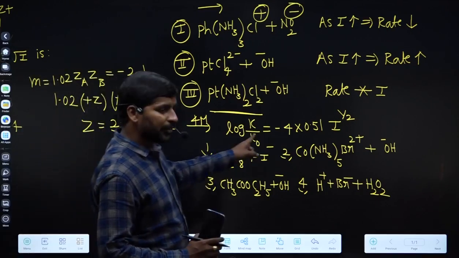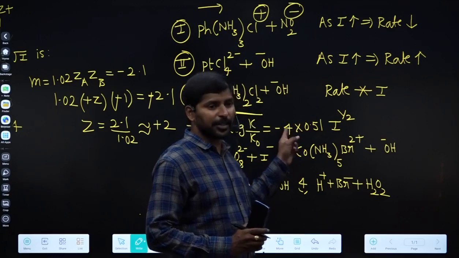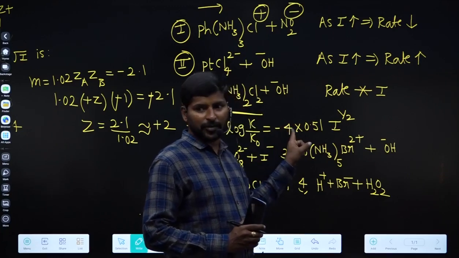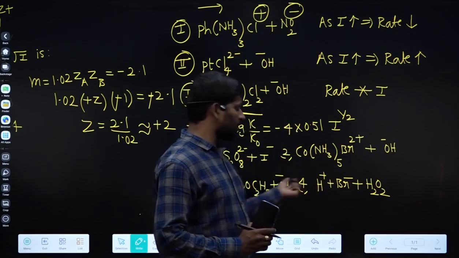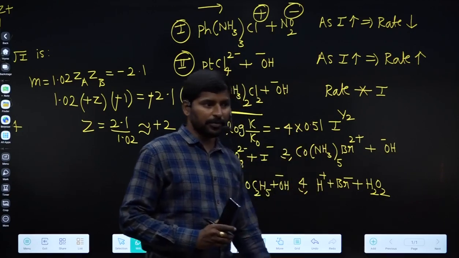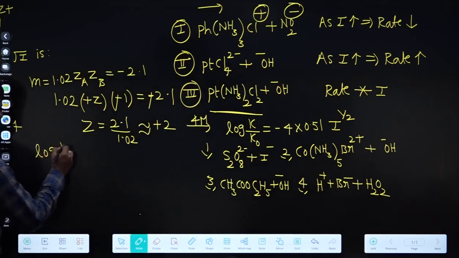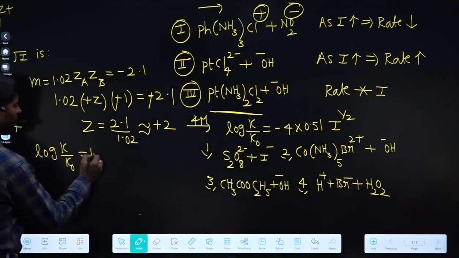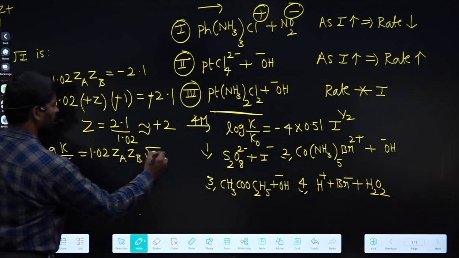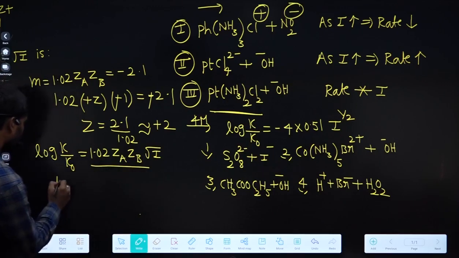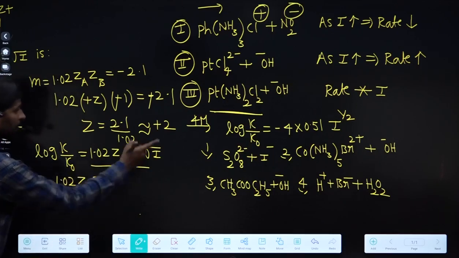The above equation you may compare with the Bronsted-Bjerrum equation, and you may take the ZA ZB value, ZA into ZB value. You may verify in which of these examples we are getting the same ZA ZB value. What is the Bronsted-Bjerrum equation? Log K by K naught is equal to 1.02 ZA ZB root I. So in the place of 1.02 ZA ZB, what is given, Andy?